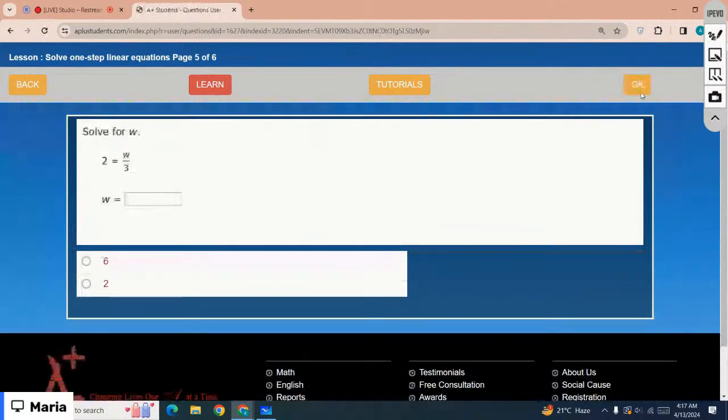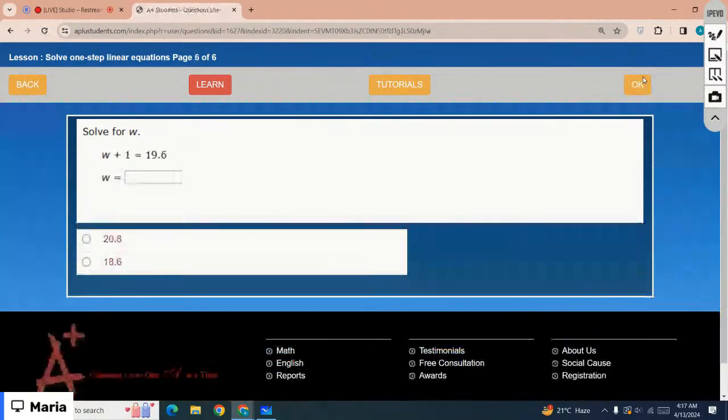Solve for W, 2 equals W over 3, which is the correct option. Yes, W equals 6. The correct option is 6. Okay, solve for W, which is the correct option.